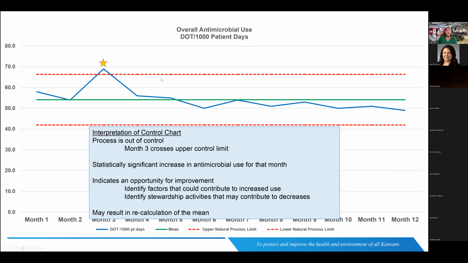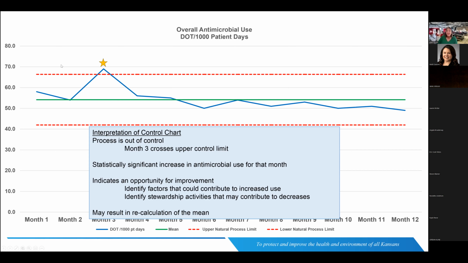On the flip side, I'm going to show you a couple of examples of out of control processes. With this process here, your DOTs actually fall outside of this upper control limit. What that means is that we're seeing significantly higher than expected DOT use. What this doesn't tell you is why or how.